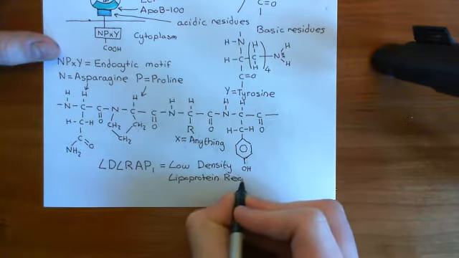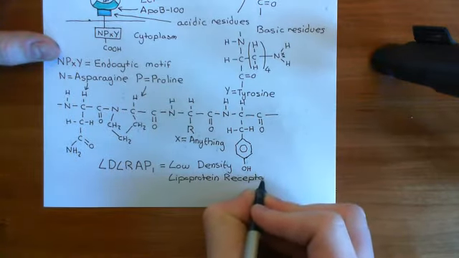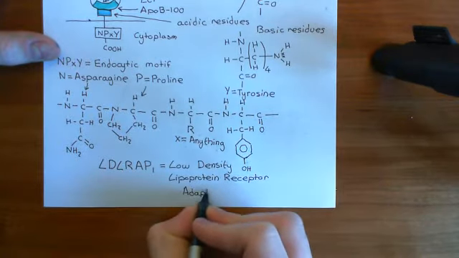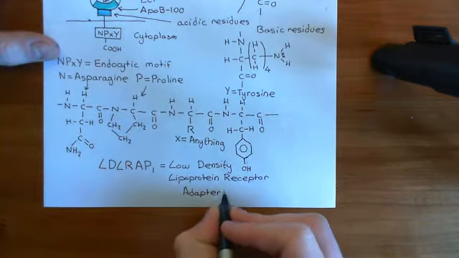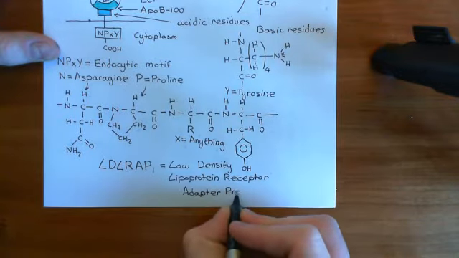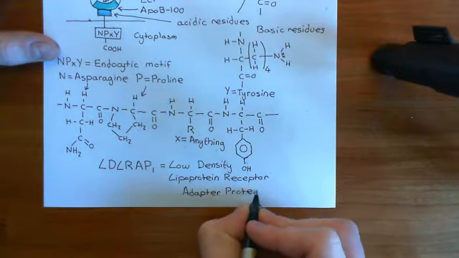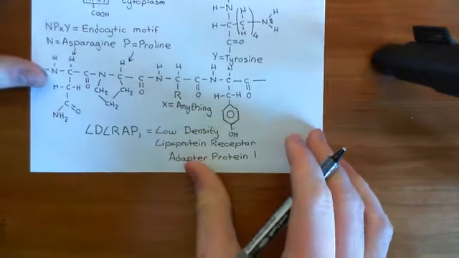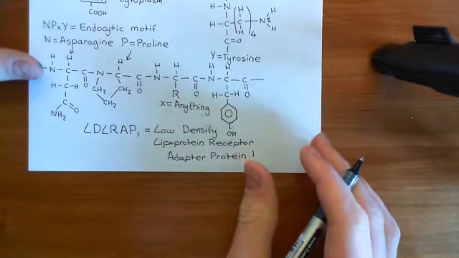Now, there is another name for the low-density lipoprotein receptor adaptor protein 1. It's also called the autosomal recessive hypercholesterolemia protein. Okay, and that's because it's found to be involved in autosomal recessive hypercholesterolemia.